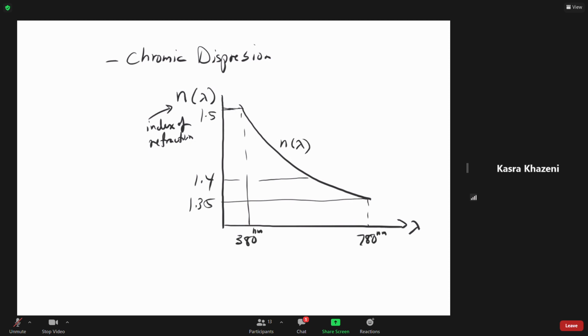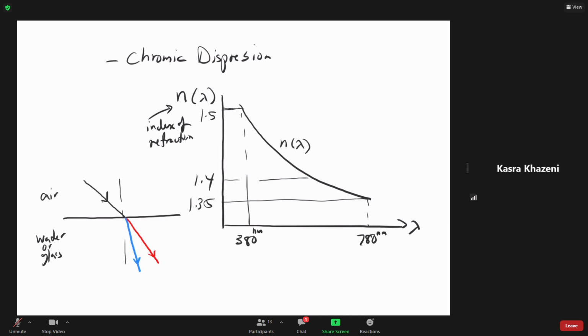It means if I go from air to some, say, water or glass, and if there's dispersion, as you can see, the blue has a larger index. The blue part is going to bend more, and the red one is going to bend less. So this is what dispersion does.